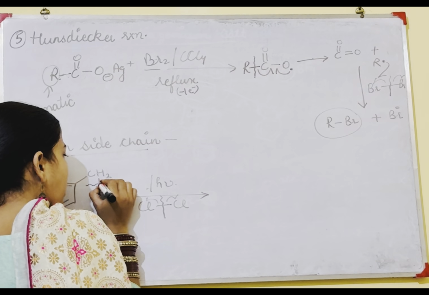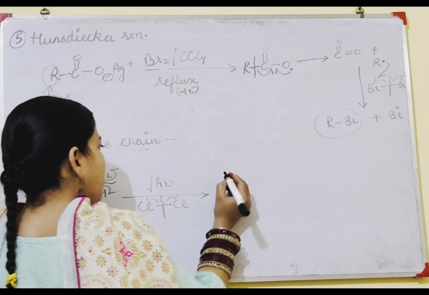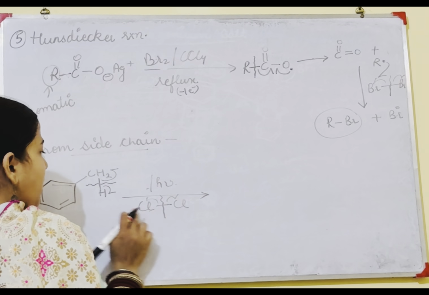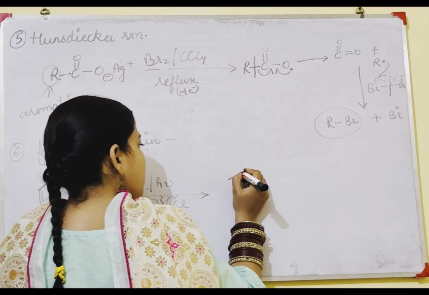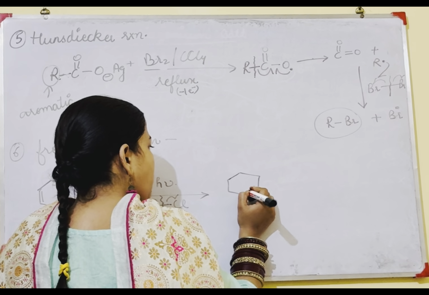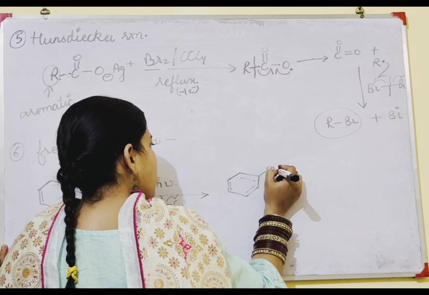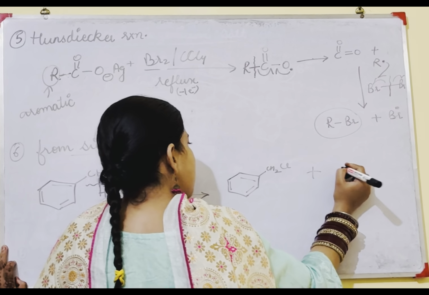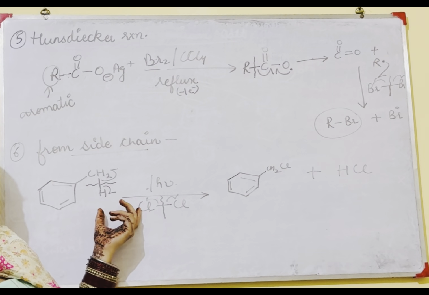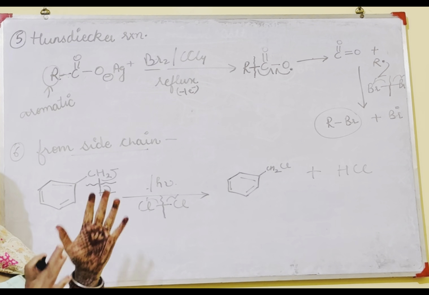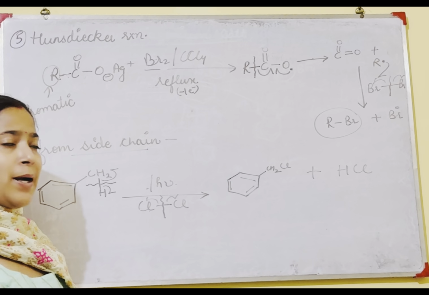This bond will also break and lead to the formation of a radical. One Cl will combine with hydrogen and another Cl will combine with CH2. Then it leads to the formation of CH2Cl plus HCl. This reaction is a halogenation reaction, but it takes place at the side chain present on the aromatic ring.